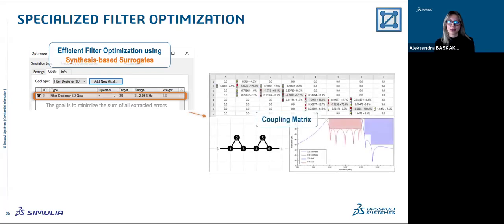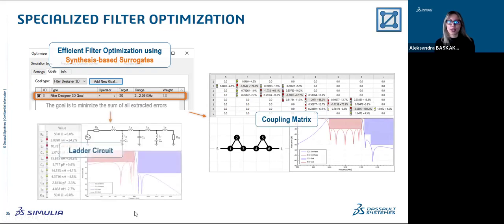Rather than optimizing on the scattering parameters, it is much more efficient to extract the coupling matrix, representing a physical filter topology or a ladder circuit, and optimize the filter directly based on the synthesized ideal filter coupling matrix or circuit. The goal of this approach is to minimize the sum of the extracted errors. And CST Studio Suite has a specialized optimization goal for this purpose, the goal type Filter Designer 3D.